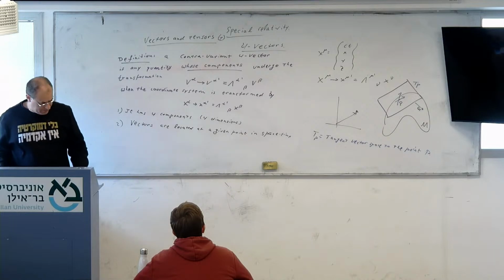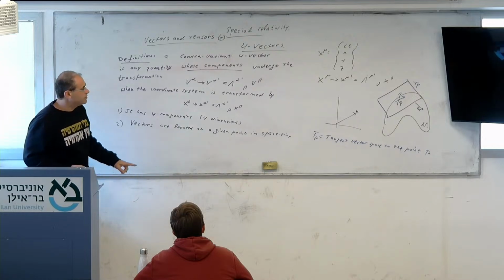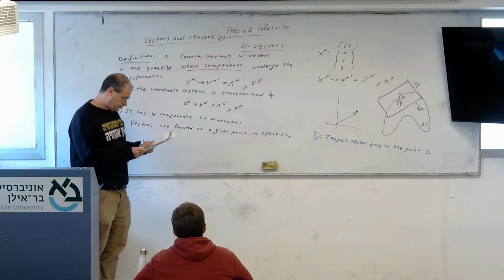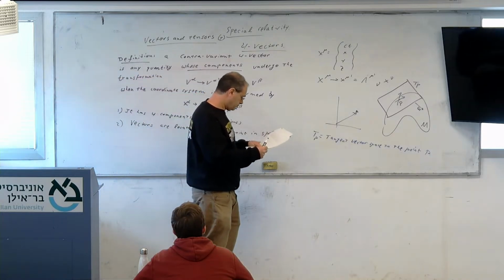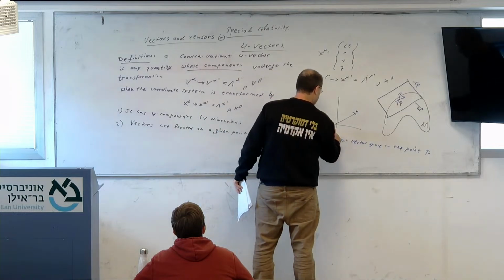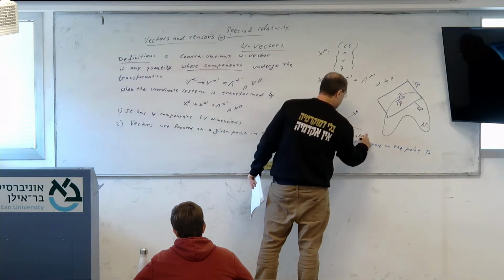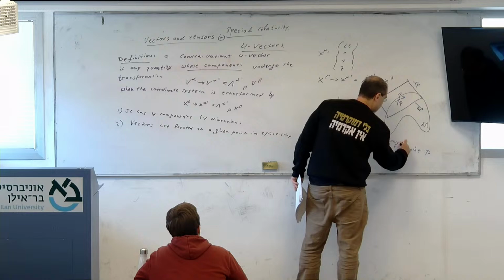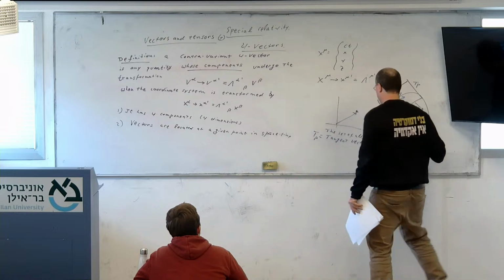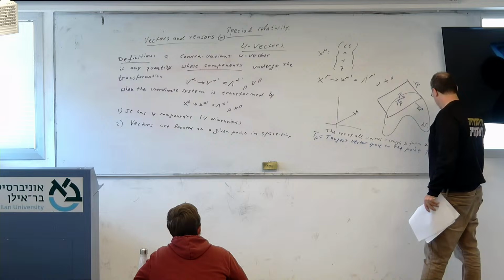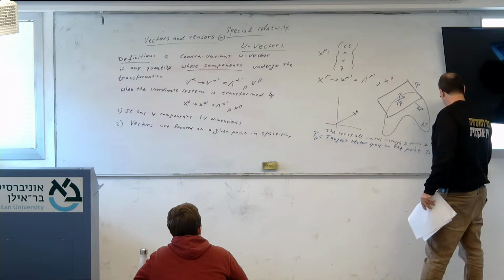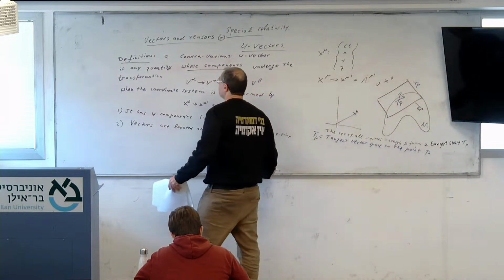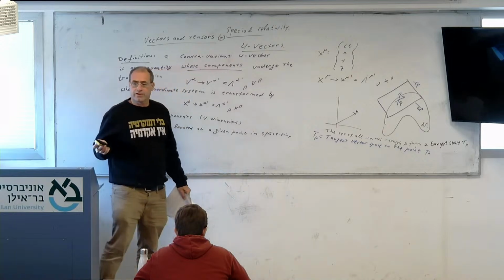Now we said the set of all vectors through P forms a tangent space TP. TP is essentially an abstract vector space.